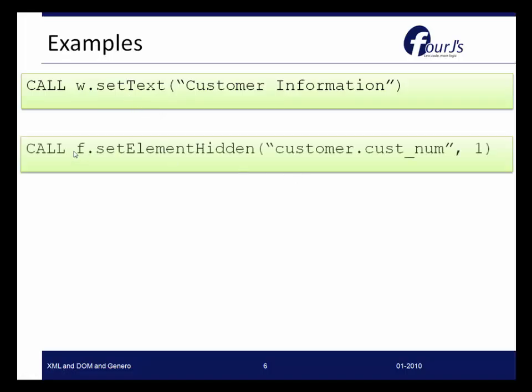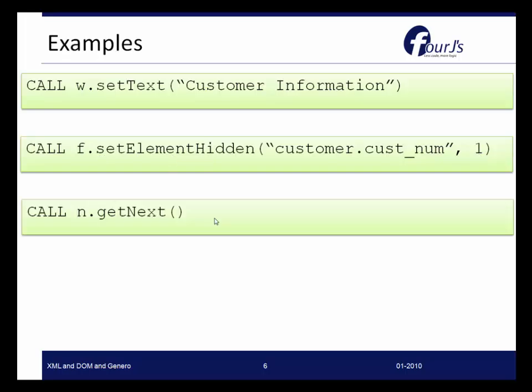Another example would be assuming this F is a specific form node, or a form object, we're setting an element hidden. So we're finding a particular element in the form and we're setting it to be hidden. Again, another method that is manipulating the DOM tree.